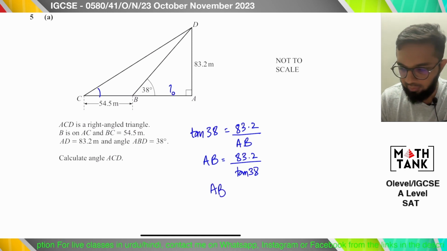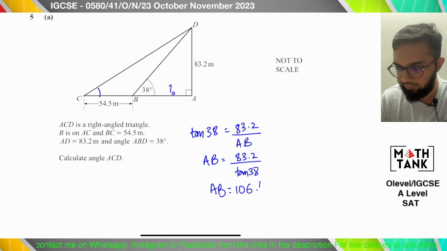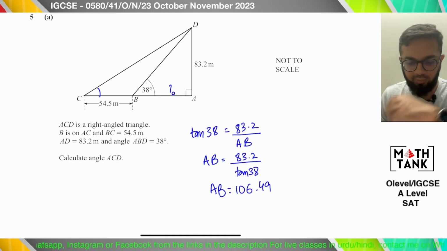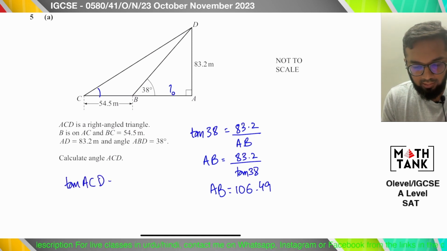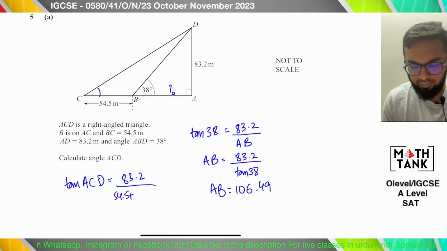I get AB equals 106.49. So angle ACD is then tan ACD equals 83.2 divided by 54.5 plus 106.49.